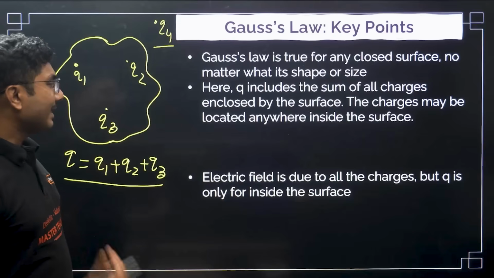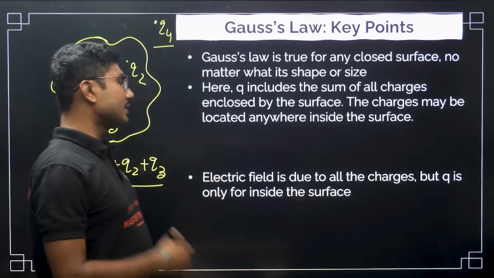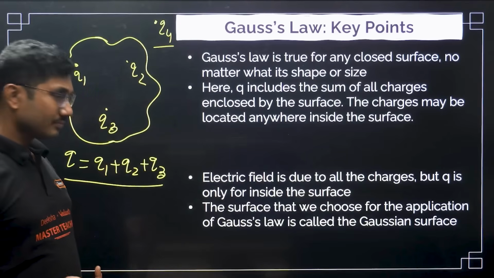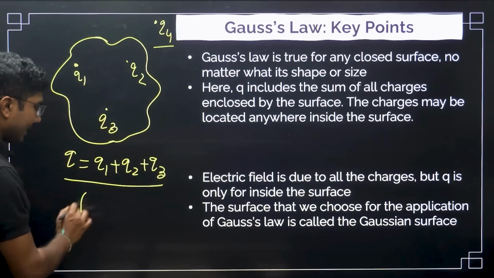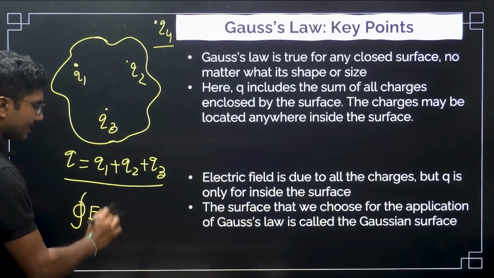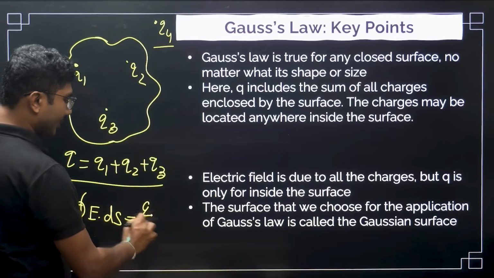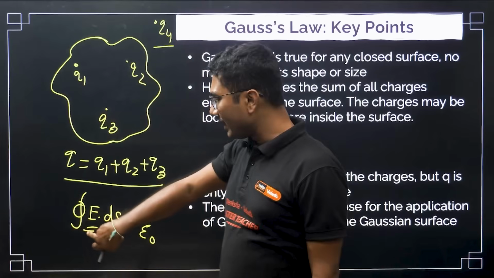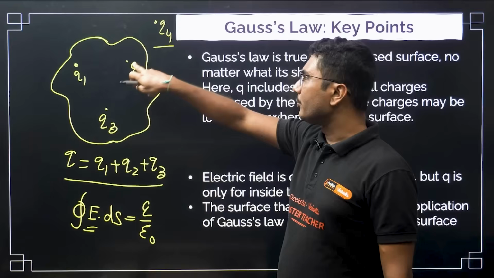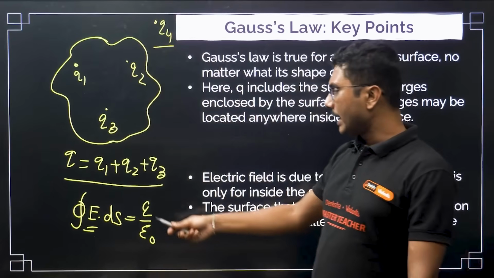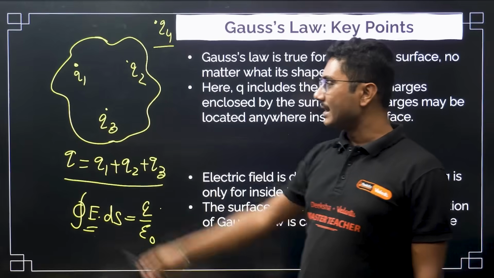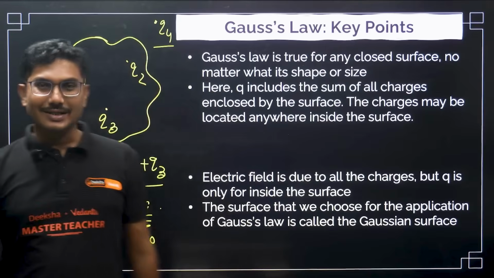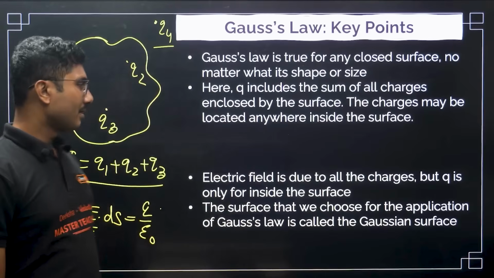So phi equals Q by epsilon naught, and this Q represents only the charges present inside the surface. The electric field is due to all the charges, but Q is only for inside the surface. When I say the integral of E dot dS equals Q by epsilon naught, this electric field is due to Q1, Q2, Q3 as well as Q4, but this Q, interestingly, is only the inner charges. That is a very interesting part of Gauss's law.